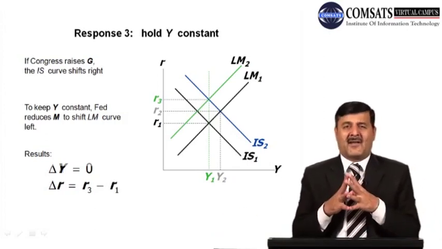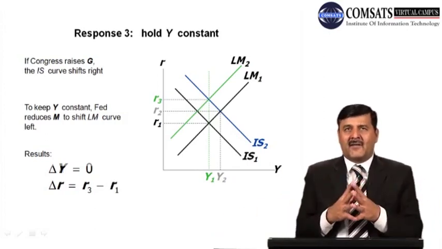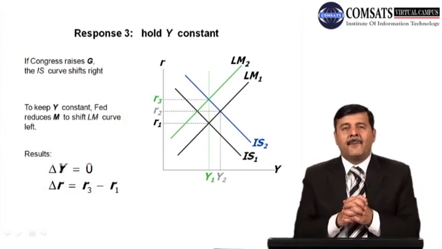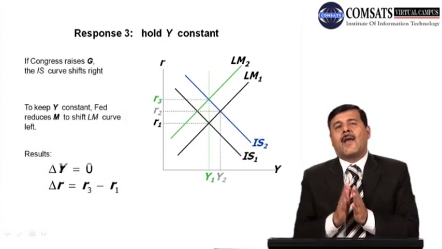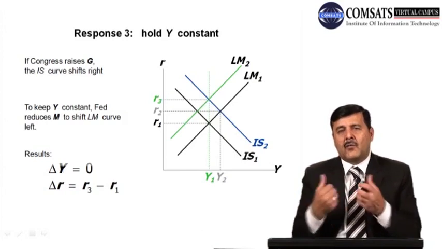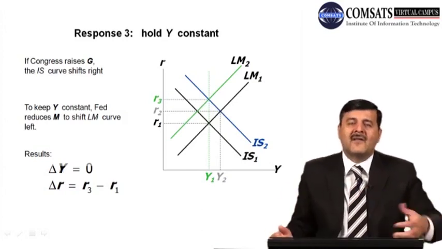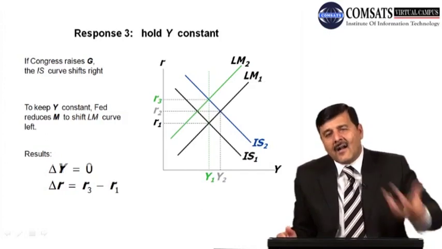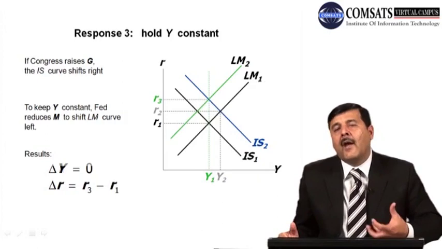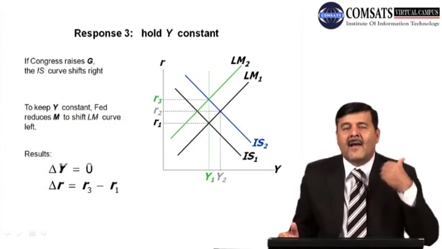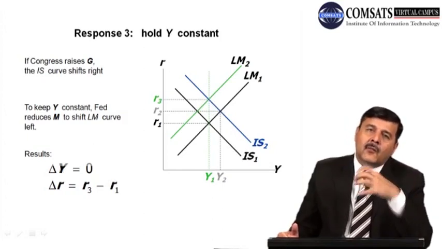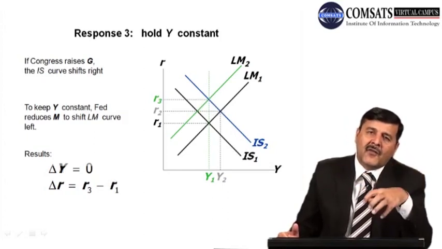So there are three possibilities. When you consider the interaction of both policies together in the same diagram, in the same setting, different possibilities can arise. If a policymaker changes the tool of one policy, the responses of the other policy can be different, and in each response the effect on macroeconomic variables can be different. As we saw here, whenever there is a change in government purchases, the response of the Fed or the monetary policy could be different.